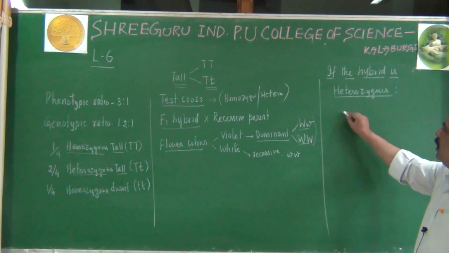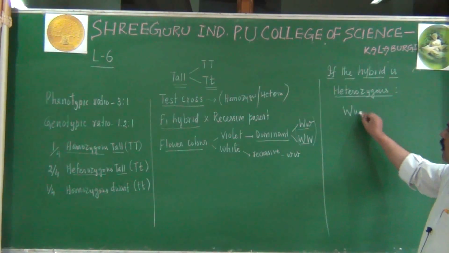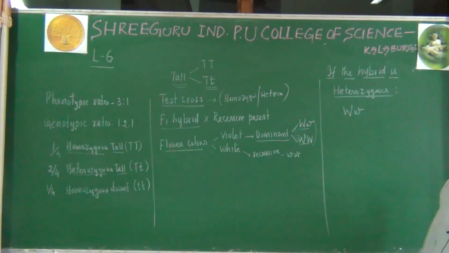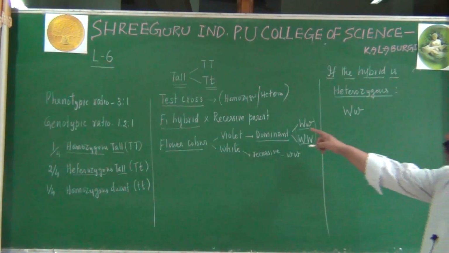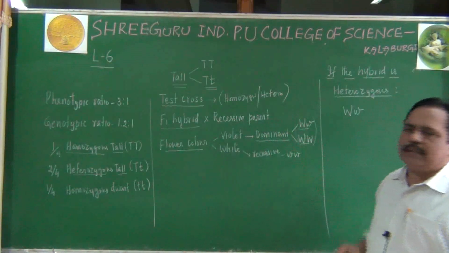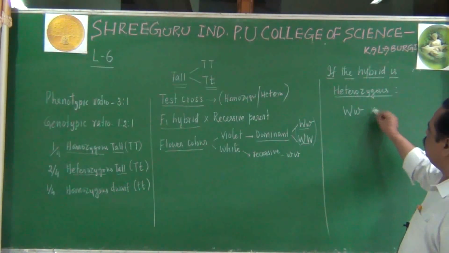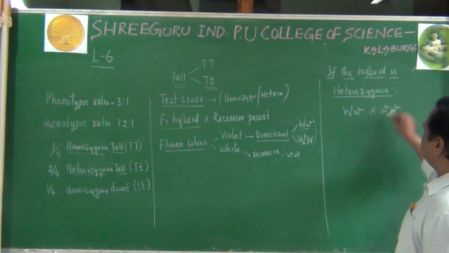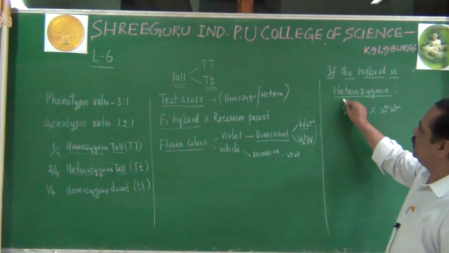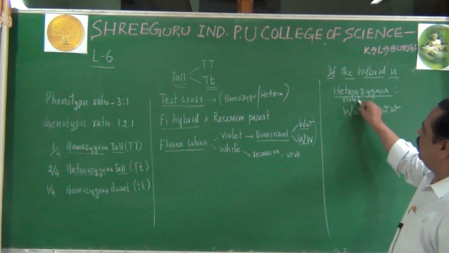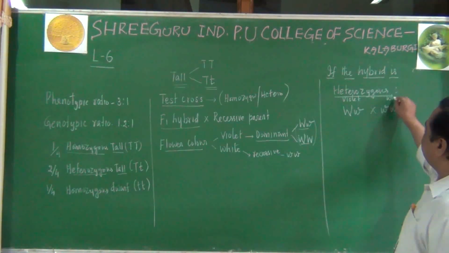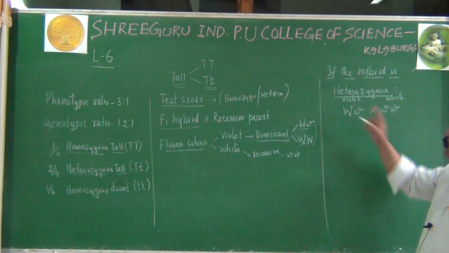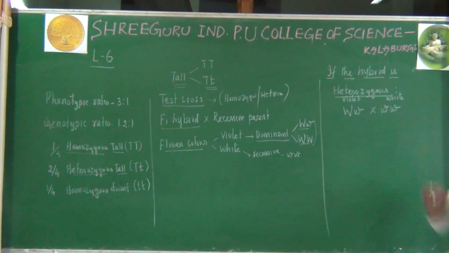You see, the hybrid is heterozygous, which means we are taking capital W, small w. Whom do you have to cross it with? It has to be crossed with the recessive parent. The recessive parent will be small w, small w. The hybrid is violet in nature, and this one is white. So a white flower producing plant is crossed with a violet flower producing plant.